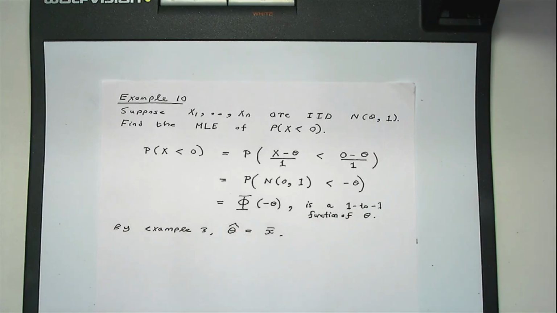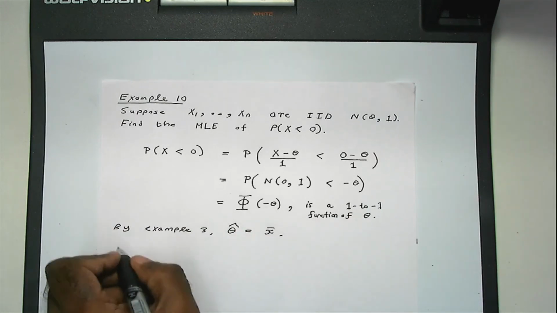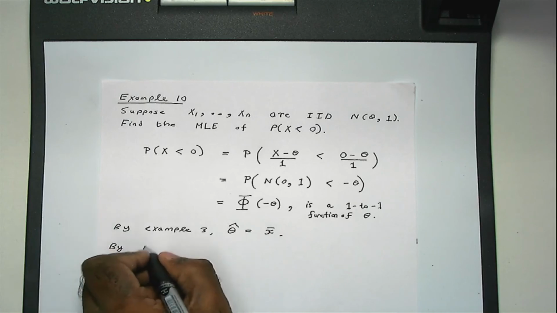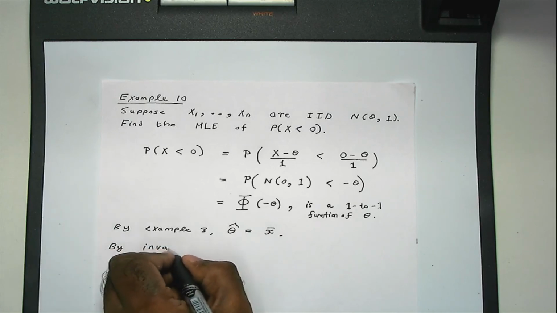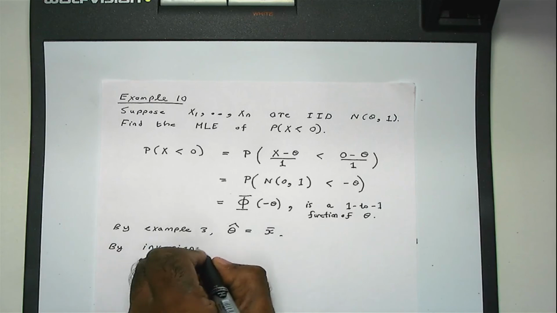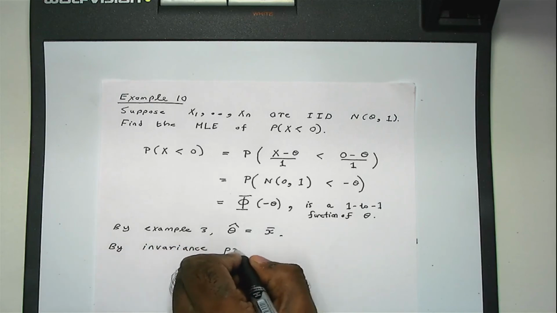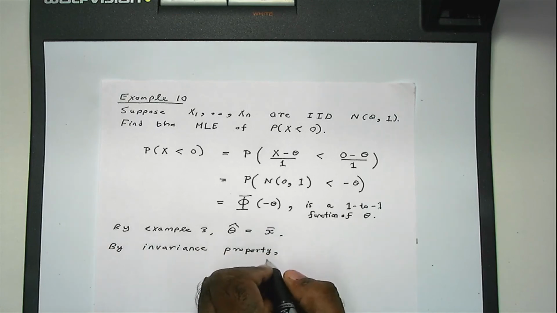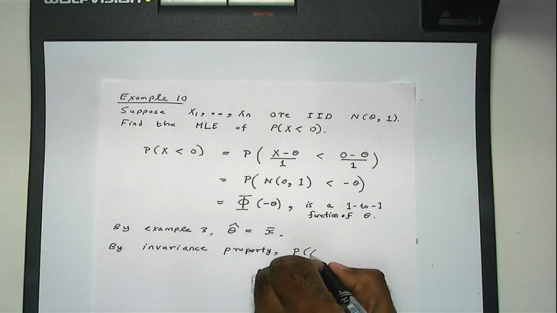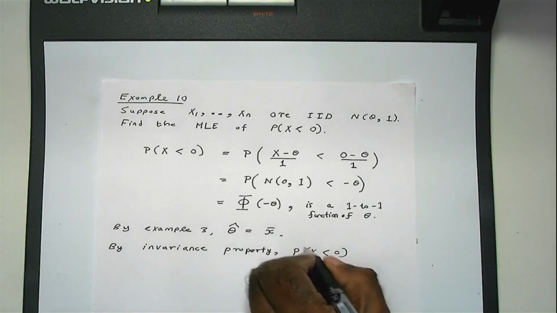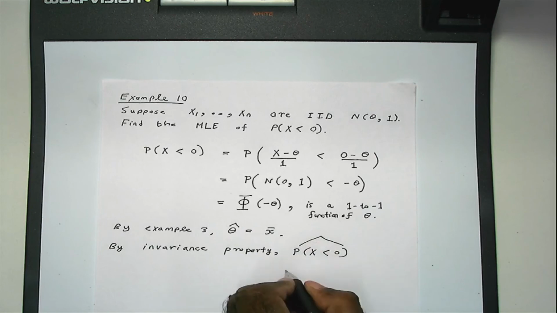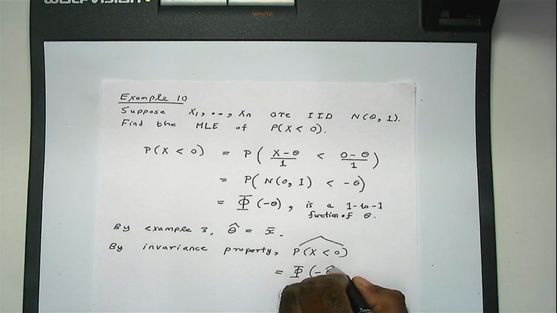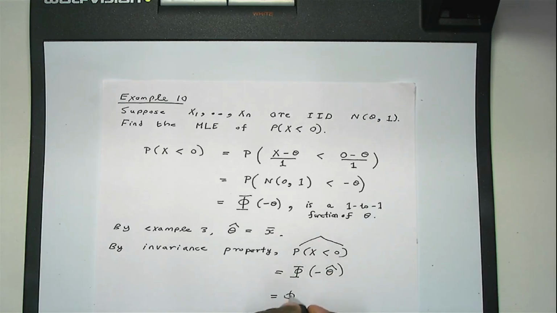Okay, hence by the invariance property, the MLE for the probability that x is less than 0, which I'm going to denote by this, is equal to Phi at minus theta hat, which is Phi at minus x bar.